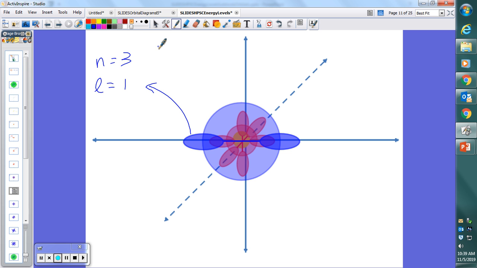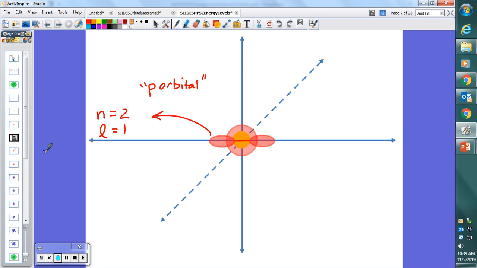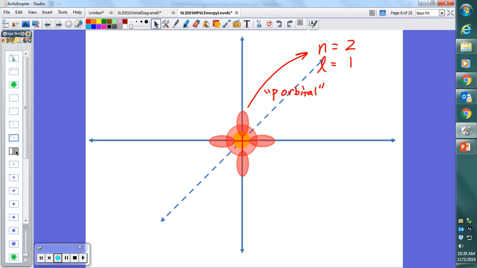But right at the end of class yesterday, we ran into somewhat of an issue. So we assigned these two quantum numbers for this p orbital, and we talked about the idea that this is one orbital. But then the next orbital that we drew was this one. This is still an hourglass shape. It's still a p orbital, but it's along the y-axis instead of being along the x-axis.